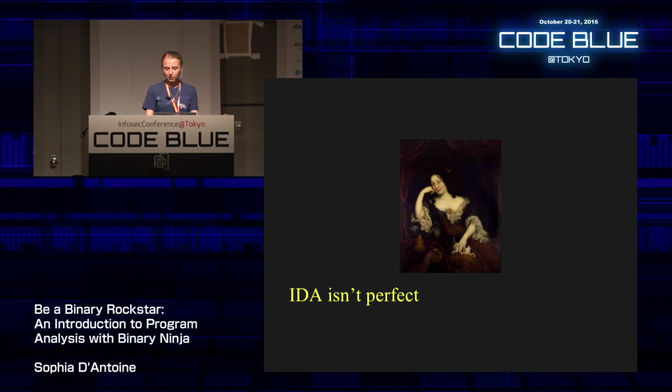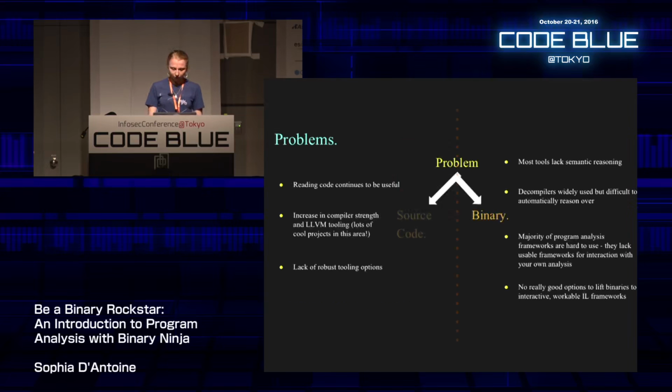So maybe you want to identify all the dynamically bounded memcopies, for instance. IDA does have a Python API, but how hard could it be? And the answer to that is very hard. IDA does not allow you to automatically analyze a binary or use different symbolic or program analysis techniques on it.